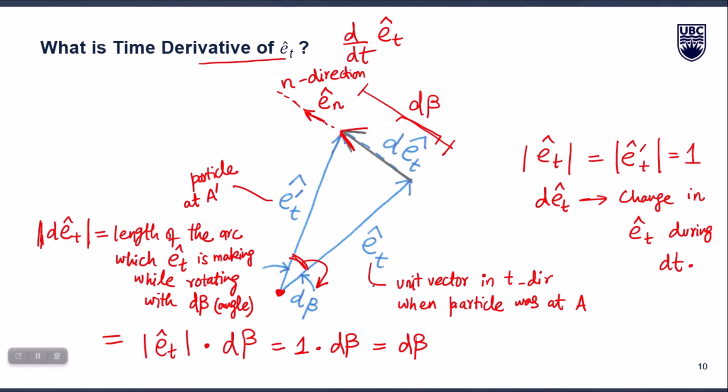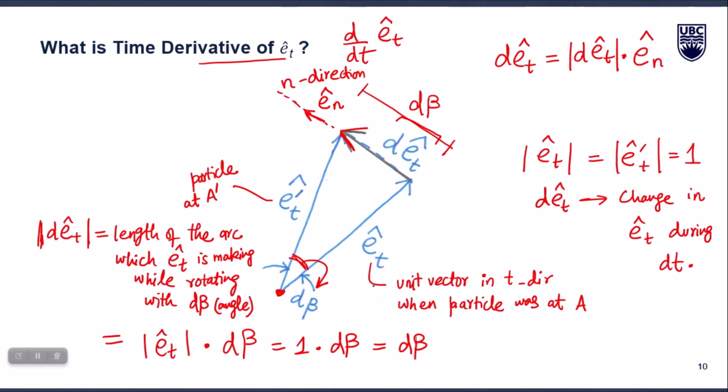So in short, the direction of this dE_t vector is the n direction, or in the direction of unit vector E sub n. So finally, if I write this dE_t vector as a product of its magnitude and its direction, it would be simply the dE_t magnitude times its direction, and that direction is in the n direction or n axis. So E sub n is describing the direction of this dE_t.